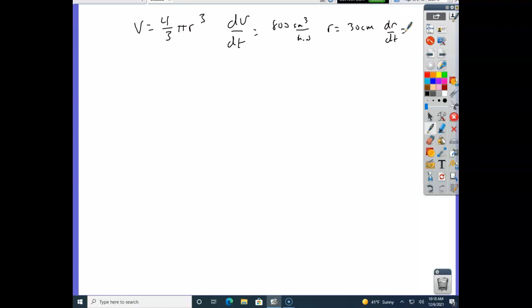Okay. What do we do? dV over dt equals 4/3 pi 3r squared dr dt. Love it. So that's 800 equals 4/3 pi times my radius, which is 30 for the first part of the problem, squared, dr dt.